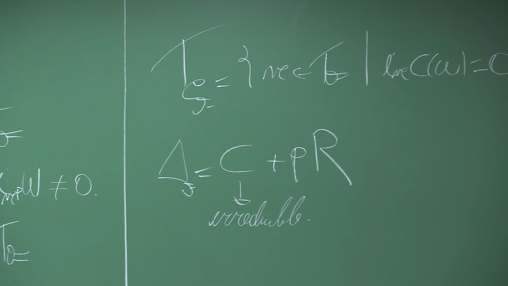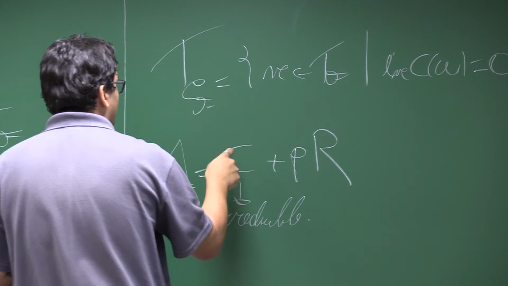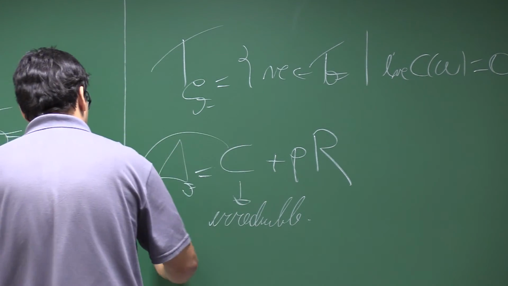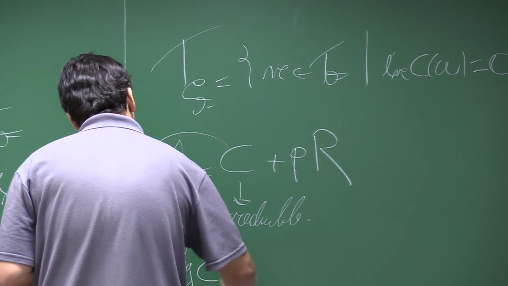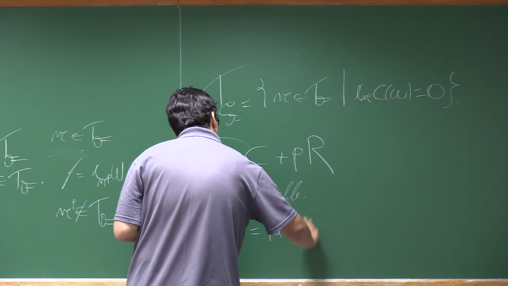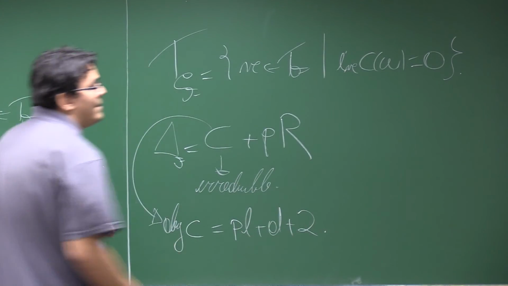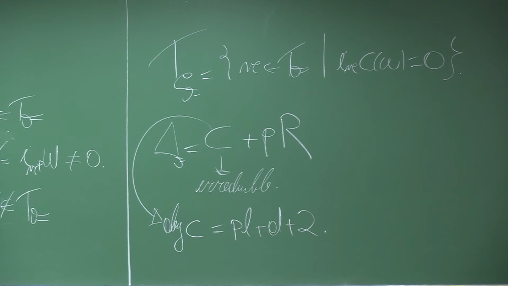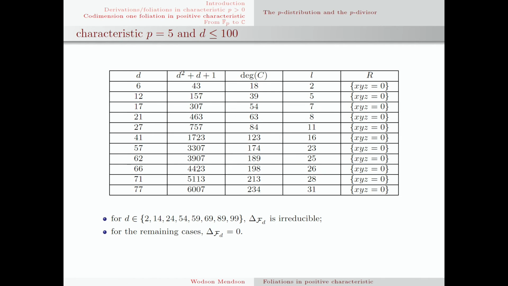And L is related to the degree of C: the degree of C is pL plus d plus 2. And R is the divisor that is not invariant by the foliation.